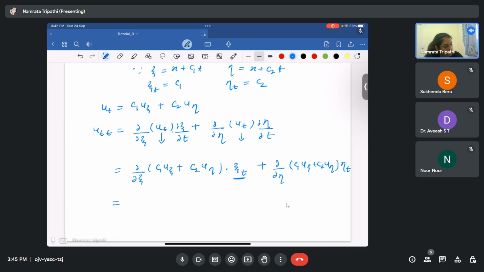You can put the values of xi t and eta t: xi t is c1, eta t is c2. And after differentiating partially with respect to eta, you will get c1 u xi xi plus c2 u xi eta, or u eta xi. Both will be the same because these are continuous solutions.